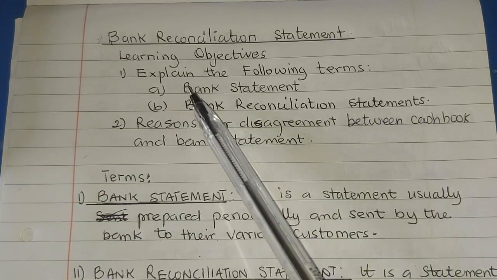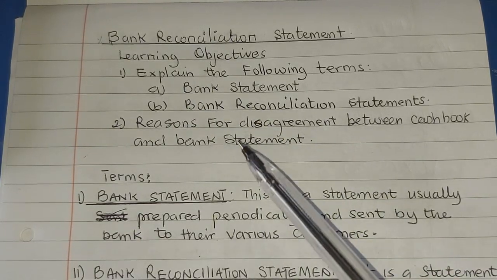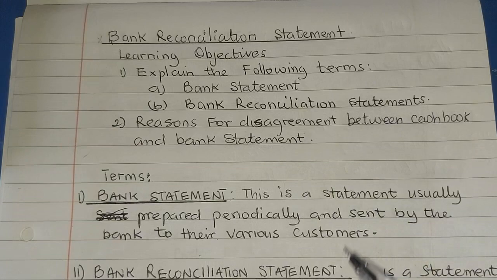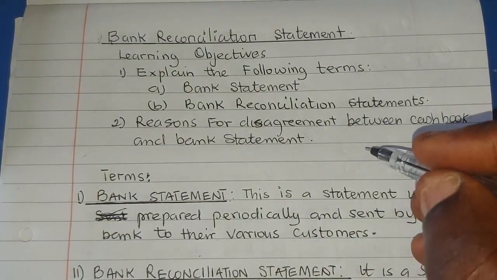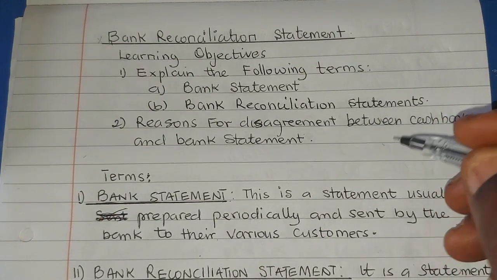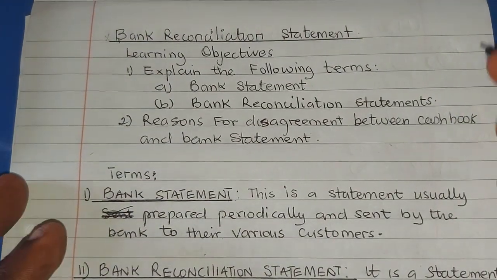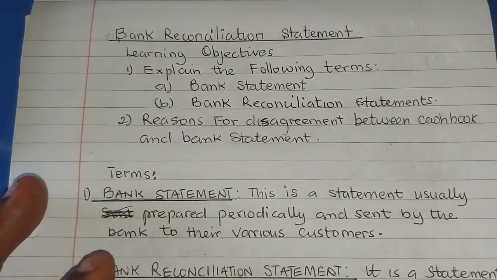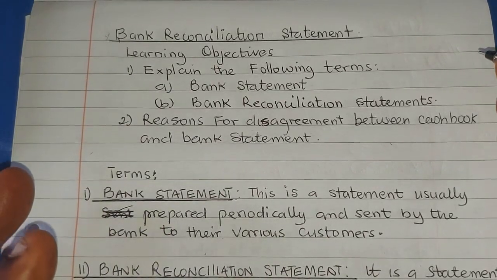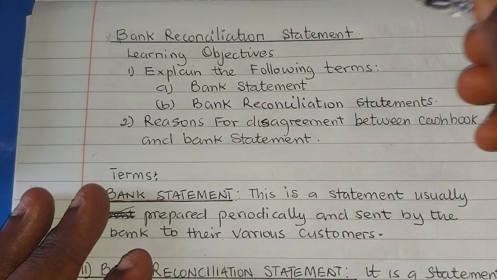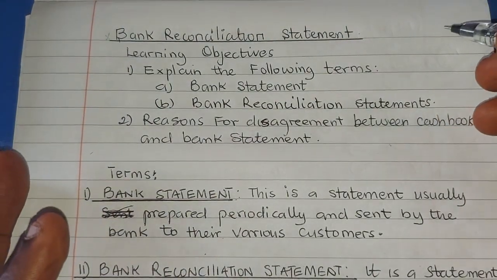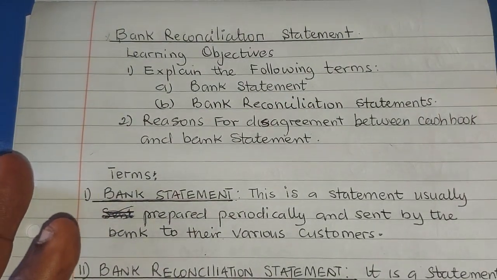Now, as a kind of introduction, the cash book, we all know what a cash book is. I've taught you, please try to watch that video concerning cash book. So the cash book is normally kept by the customer, while a bank statement is usually with the bank.